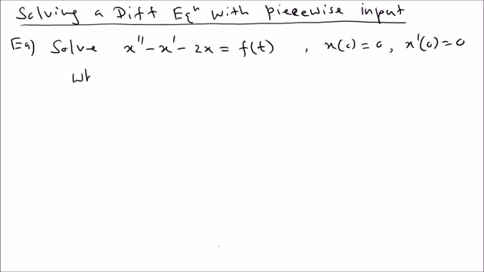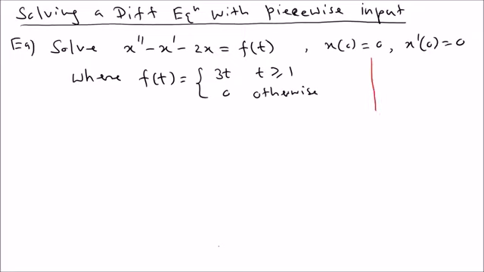Where f(t) equals 3t for t greater than or equal to 1, and 0 otherwise. If you look at the graph, this is how it looks. Until 1, it is 0.